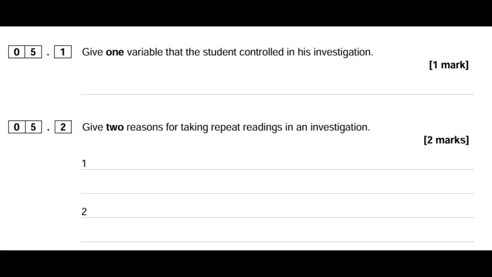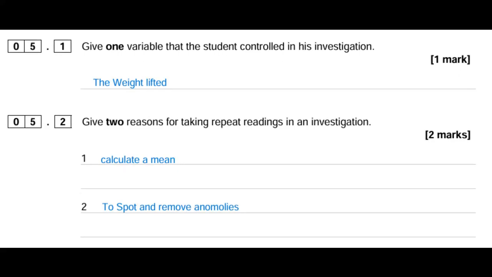And it starts off, give one variable that the student controlled in this investigation, and then give two reasons for taking repeat readings in an investigation, with these being questions that could appear in all sciences. Of course, when you're being asked to look for a variable that's controlled, that's quite often called a control variable, and that's just anything that's staying the same.